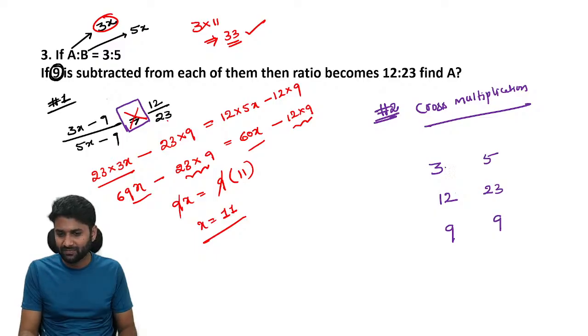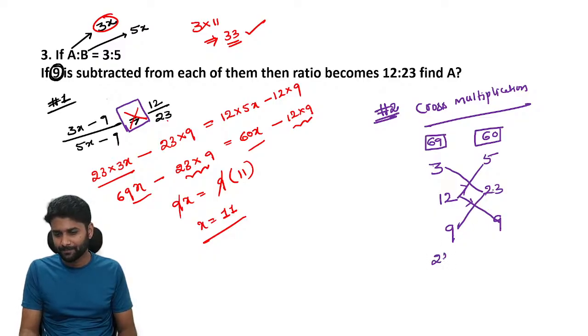Now the calculation we do is cross multiplication. 12 into 5 is 60 units. 23 into 3 is 69 units. In the same way, 23 into 9 and 12 into 9.